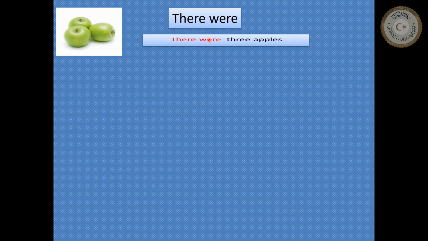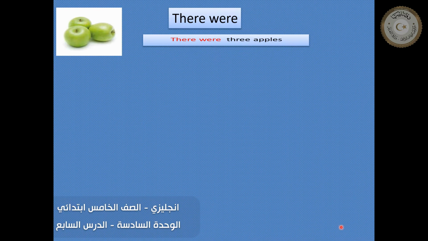So with the 3 apples, we use there were. If we have only 1 apple, there was. لو كانت واحدة نقول there was. But we have 3, so there were. There were what? There were 3 apples. So from the picture, من الصورة عشان قاعدين تفكروا تاني. There were 3 apples. What else? شن تاني?